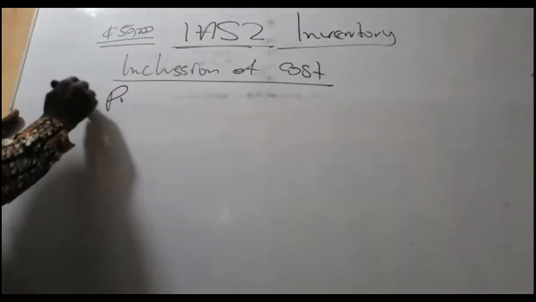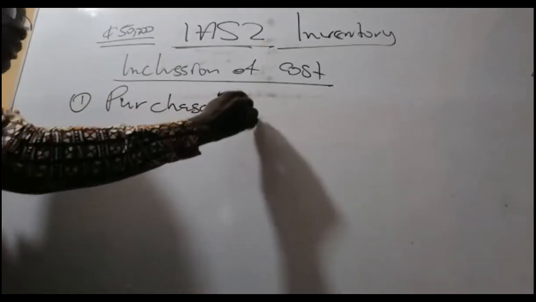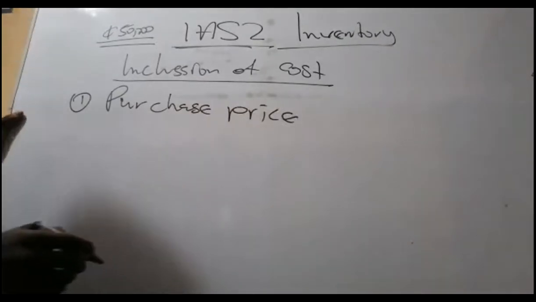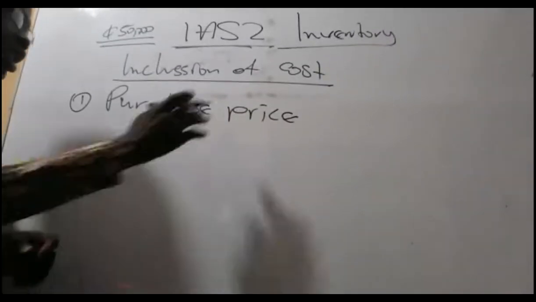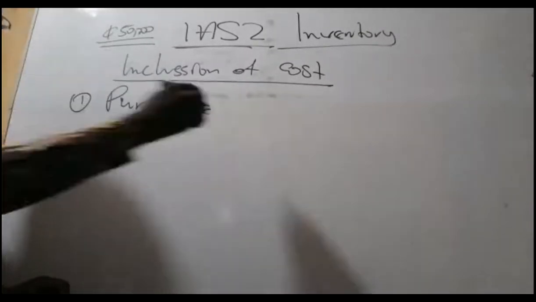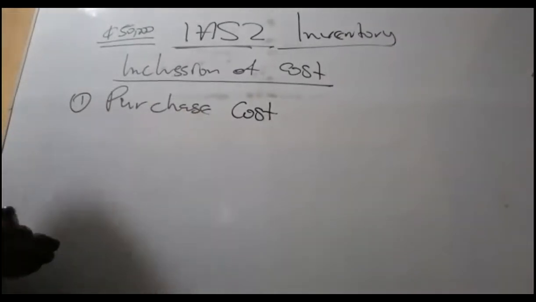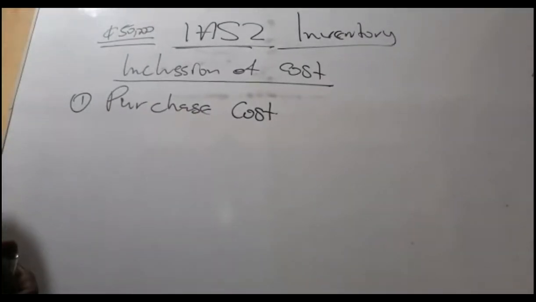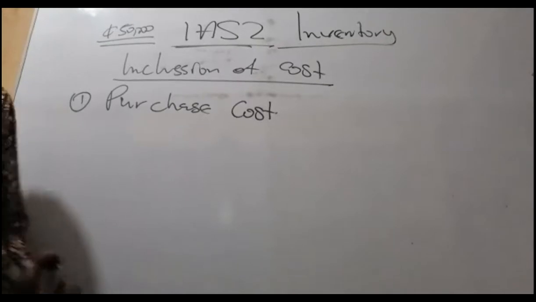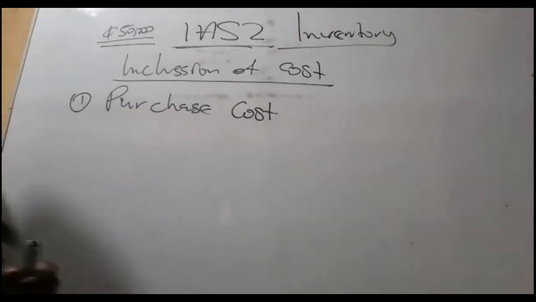You comprise of three items. So purchase price, how much you bought the goods, or the purchase cost. Let's make it purchase cost. I like the cost more than the price. But the purchase cost includes the purchase price itself.